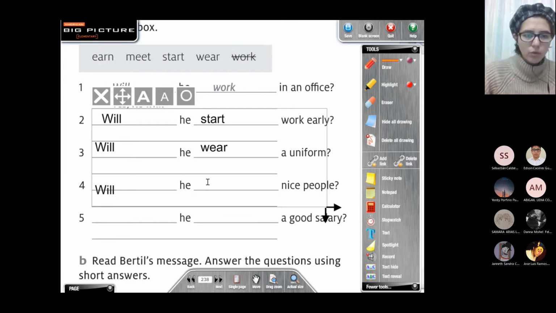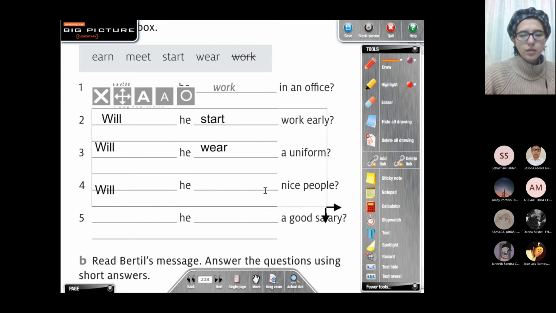Can you tell me the meaning of earn? ¿Se acuerda qué significaba earn? Ganar. Okay, so we're going to say earn money, right? We're not going to earn nice people. Si vamos a ganar dinero, no vamos a ganar nice people. Buenas personas.